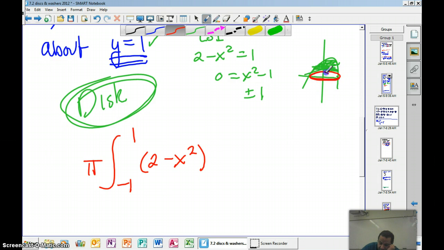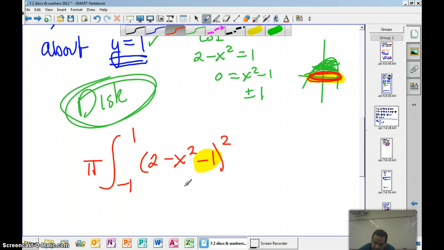Since I have to take the space that's above the x-axis away. So it's going to be 2 minus x squared and then minus 1, quantity squared. And like I said, this is the space, how far above it is. It's fine. So now let's do it.